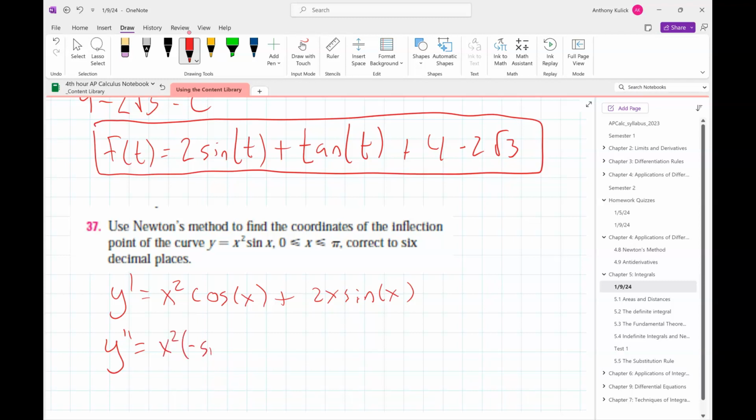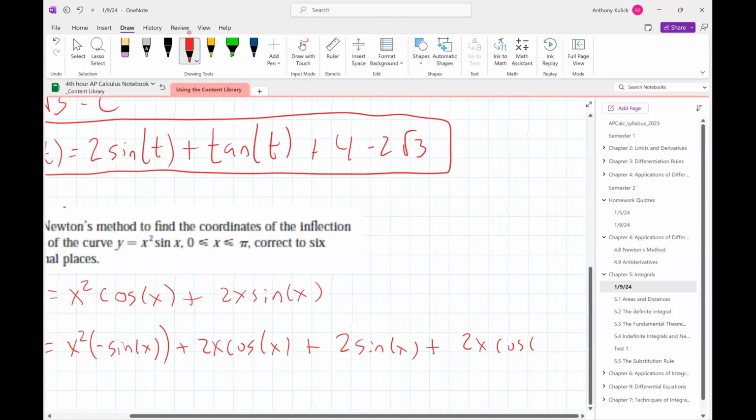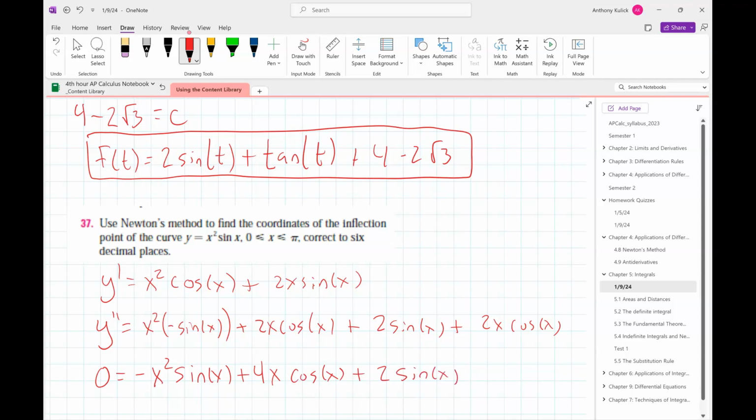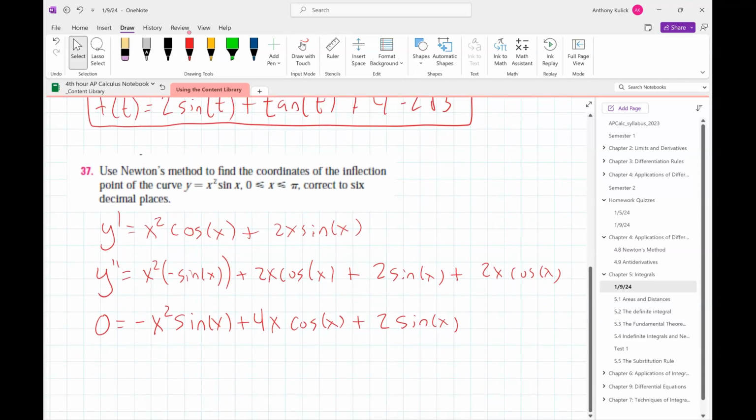So x squared negative sine x plus 2x cos x plus 2 sine x plus 2x cosine x. And I'm going to set that equal to 0. So I have negative x squared sine x plus 4x cosine x plus 2 sine x equal to 0. So that's what I'm going to be doing my Newton's method on.